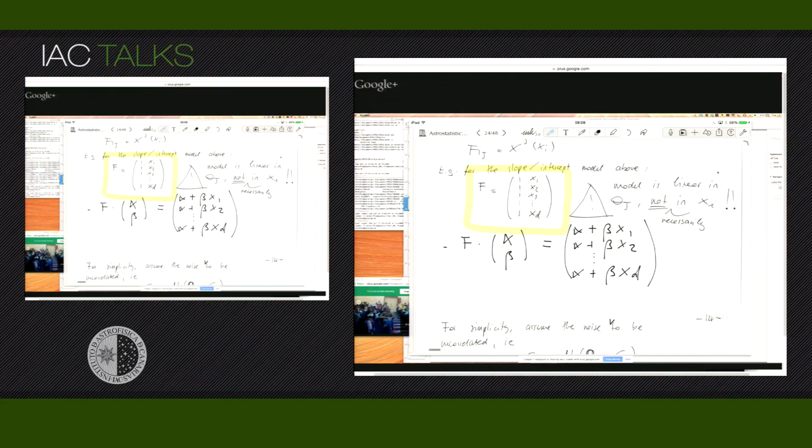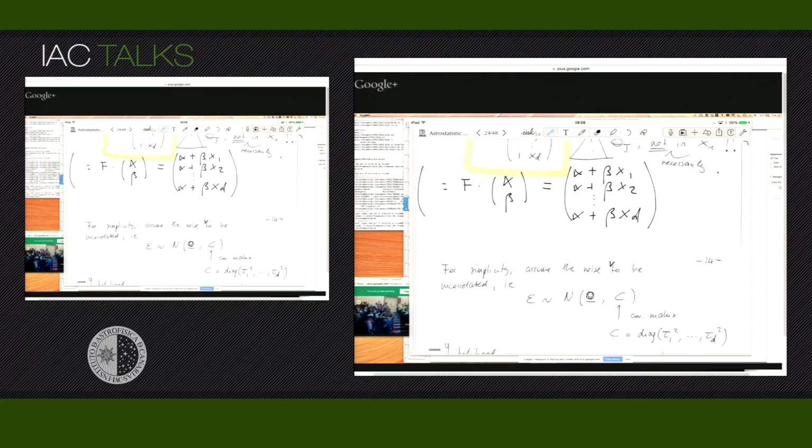That is equal to y, where y is y1 until yd.